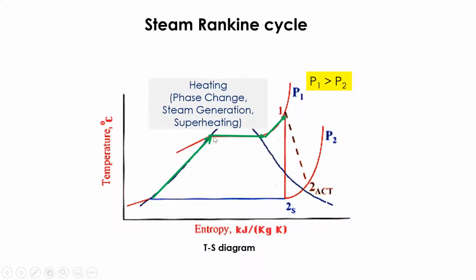So basically to create steam through this line, and then further heated to form superheated steam at pressure P1 here. This process typically happens in the boiler, in which we produce high pressure and superheated steam.